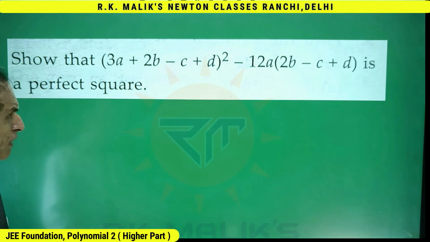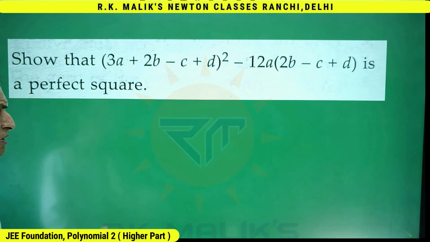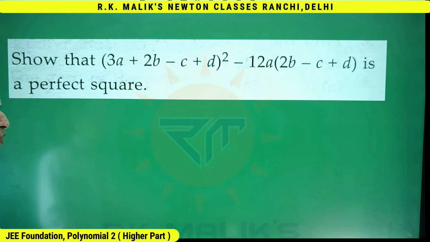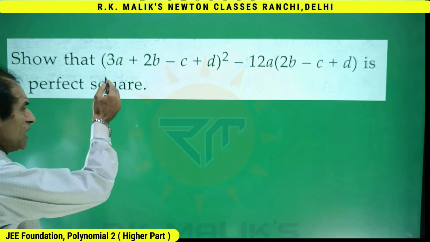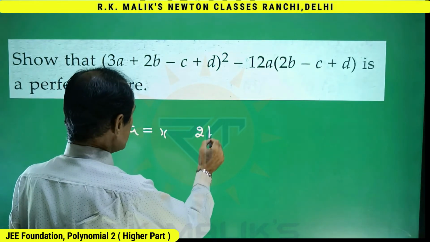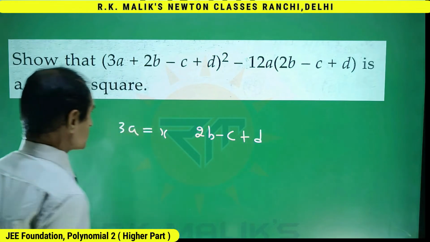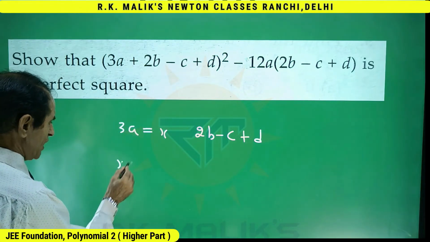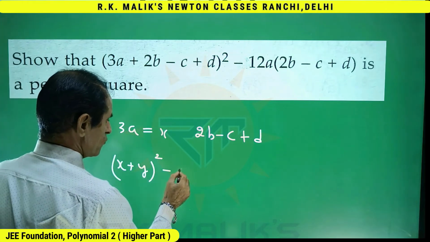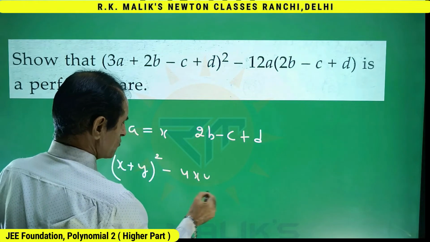It will be slightly better if I write 3a as x, because by doing this the number of terms will also decrease and the number will also become smaller, and then it will be easier for me to understand the question. Hence I am supposing 3a as x and 2b minus c plus d as y, and I get x plus y whole square minus 4xy.